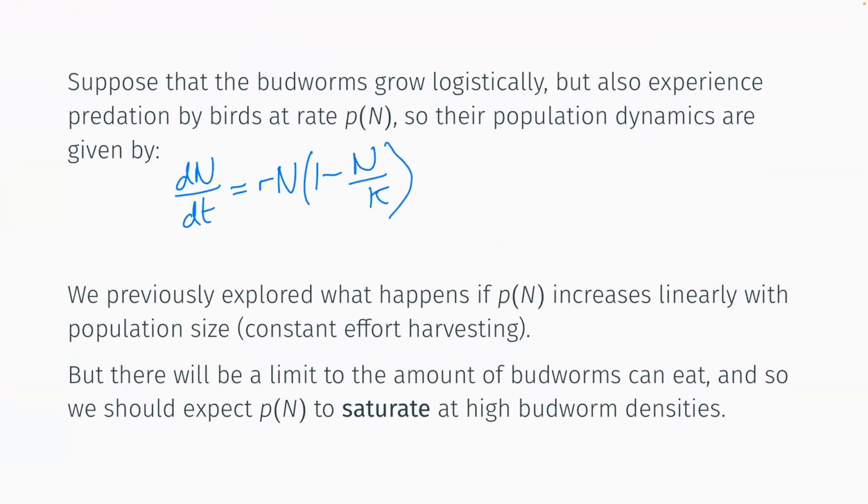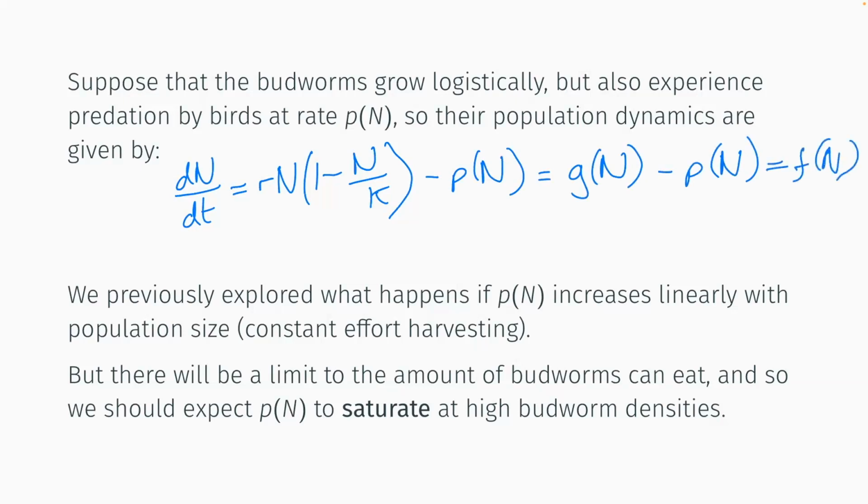And we're going to have predation by birds at rate p(N), so minus p(N) here. And we can write this as, like we did the other day, a growth function, g(N), that's just my logistic growth, minus my predation term, p(N), and that just collapses down into our net growth rate, f(N).